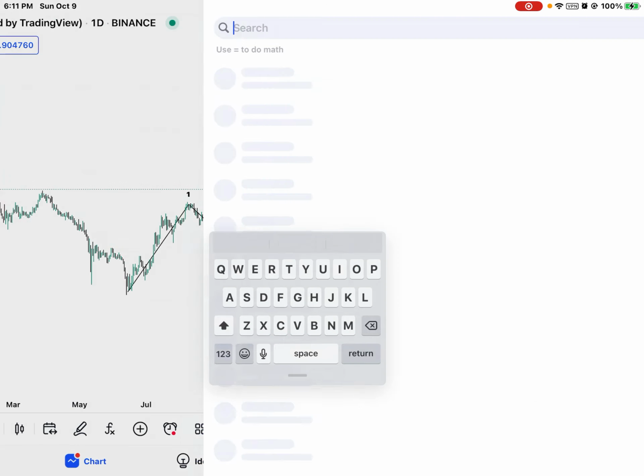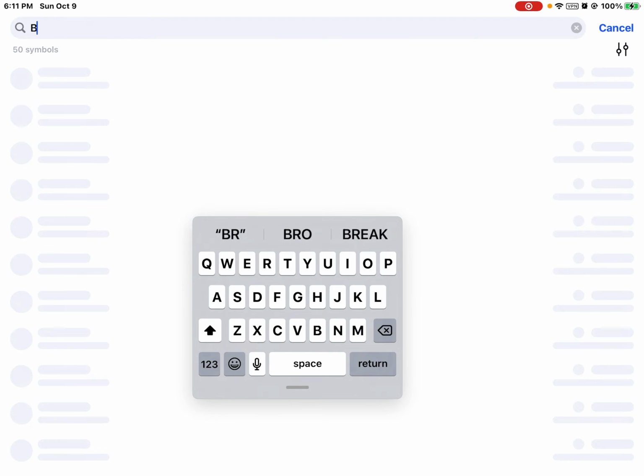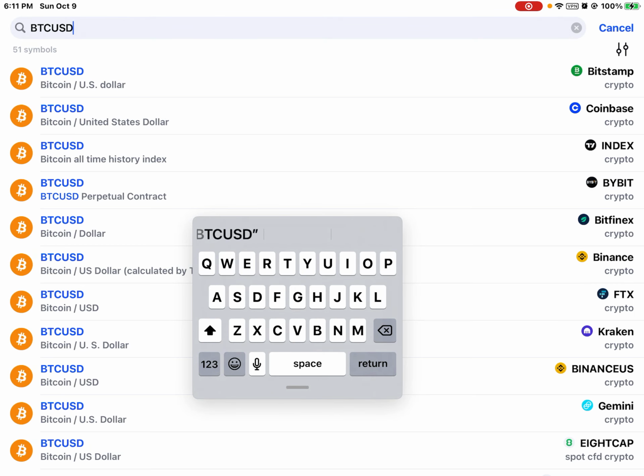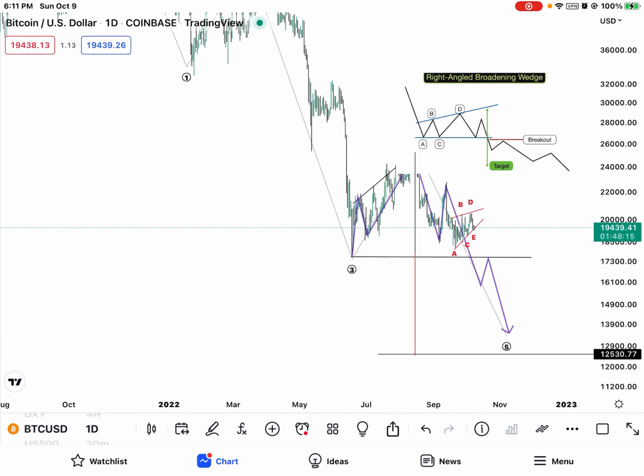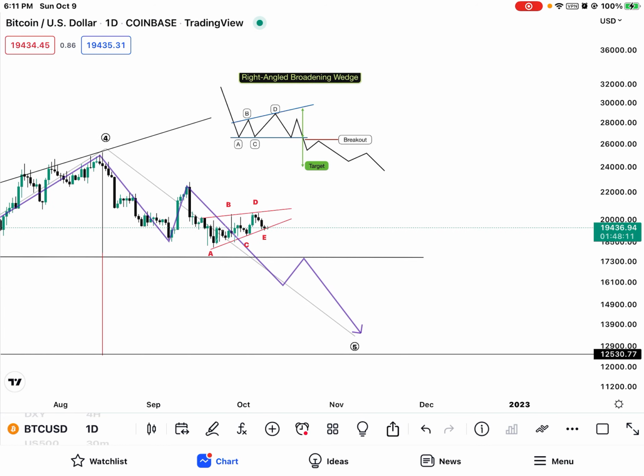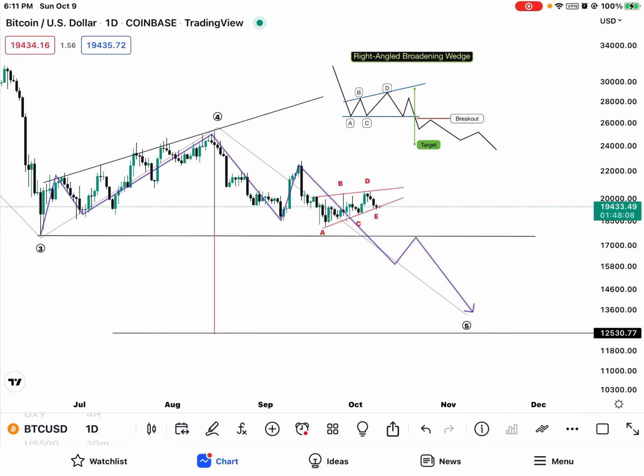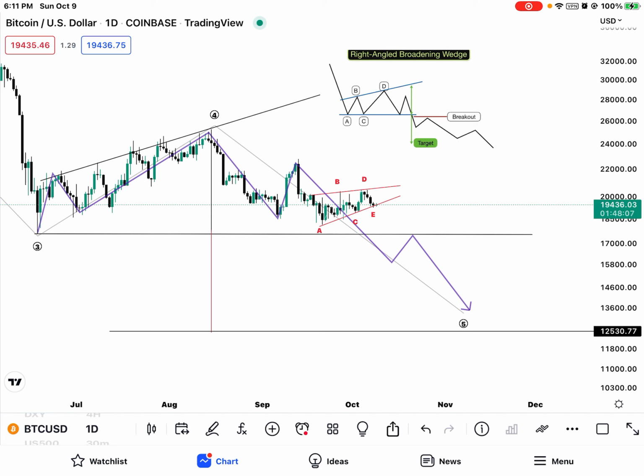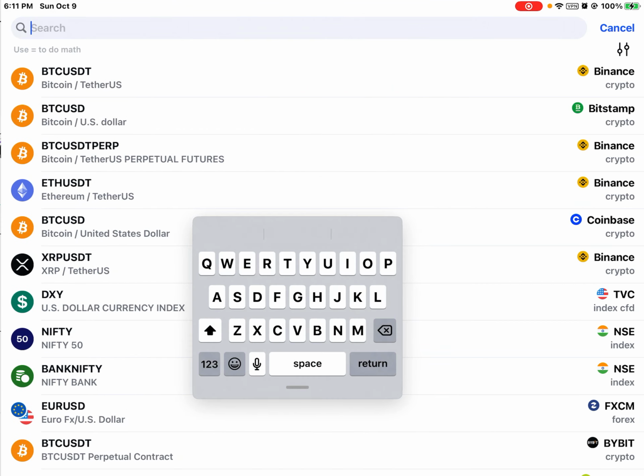Now, if we look at Bitcoin and see what Bitcoin is doing, if Bitcoin continues to go lower, which it may, then I would consider it being an ABC correction.